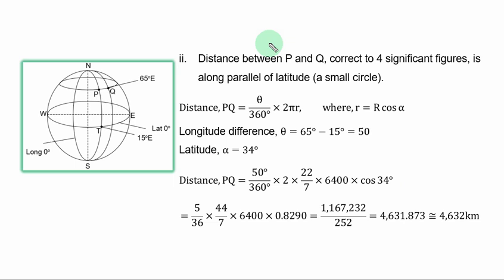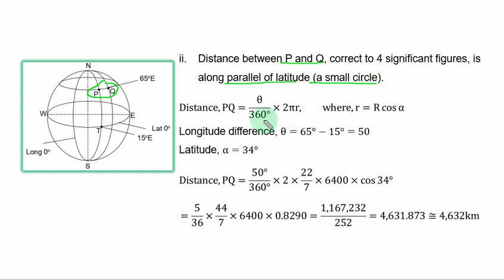Roman figure 2, distance between P and Q. You can see P and Q. These two points are not on any of the great circles. So the distance between P and Q is along a parallel of latitude, and that is a small circle.